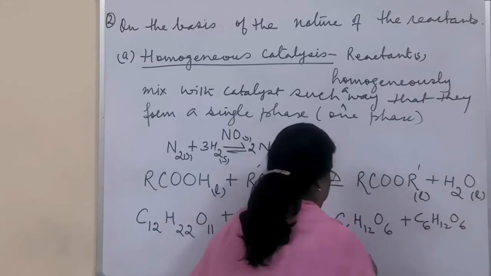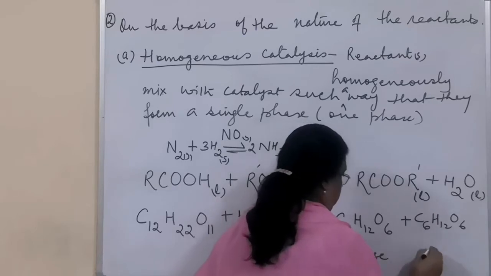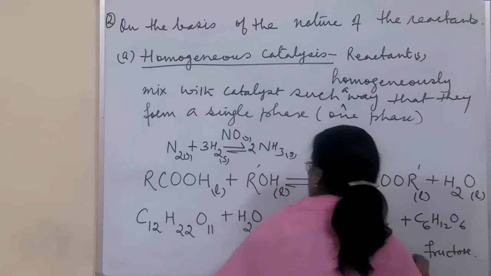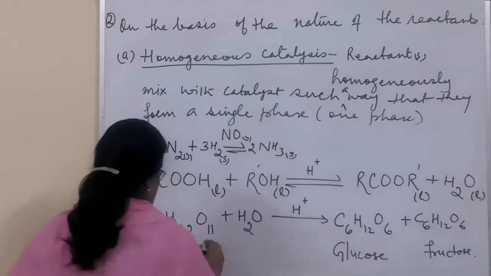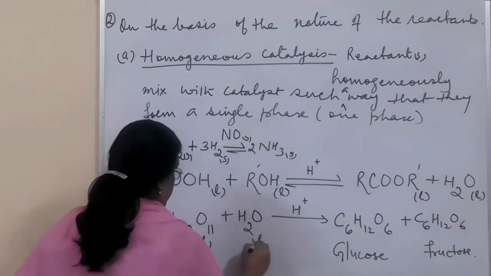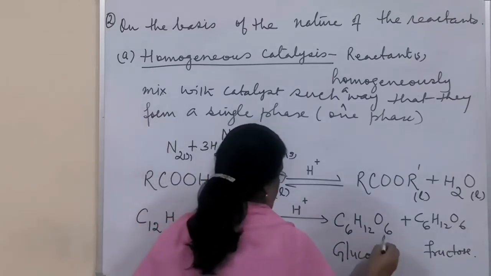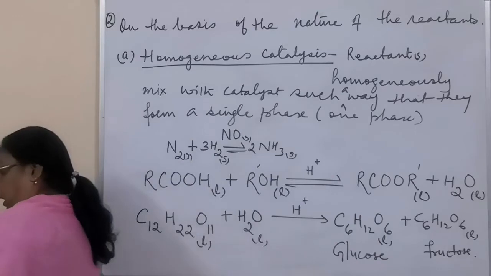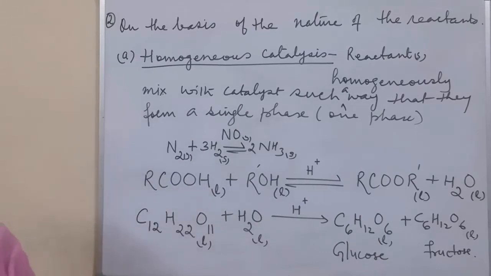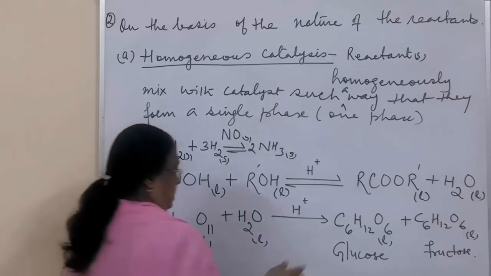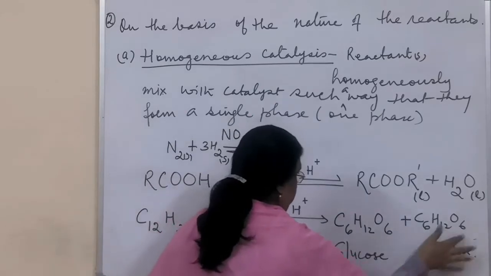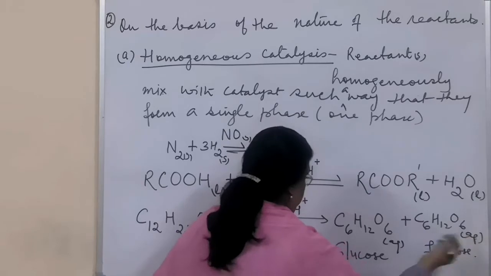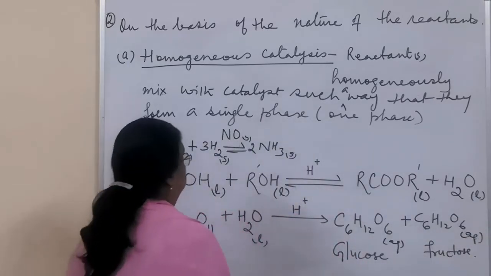These reactions you have studied in the lower classes. So all are here also in the liquid phase, all liquid solution. You should not write aqueous solution, so liquid phase.